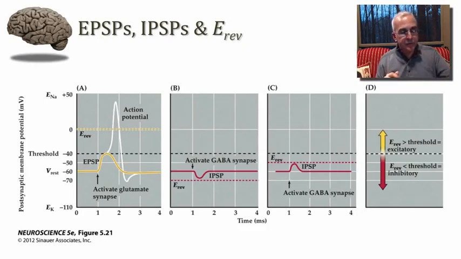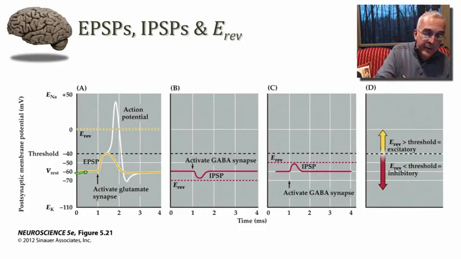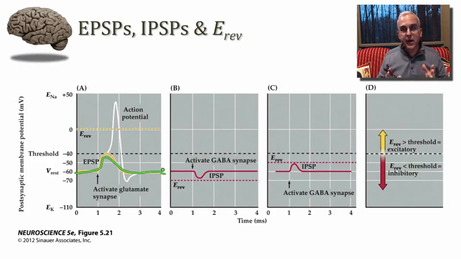And that's the story that we have here. If there is a single active glutamate synapse, even a very strong and powerful glutamate synapse, we may only see an excitatory postsynaptic potential of some modest value.